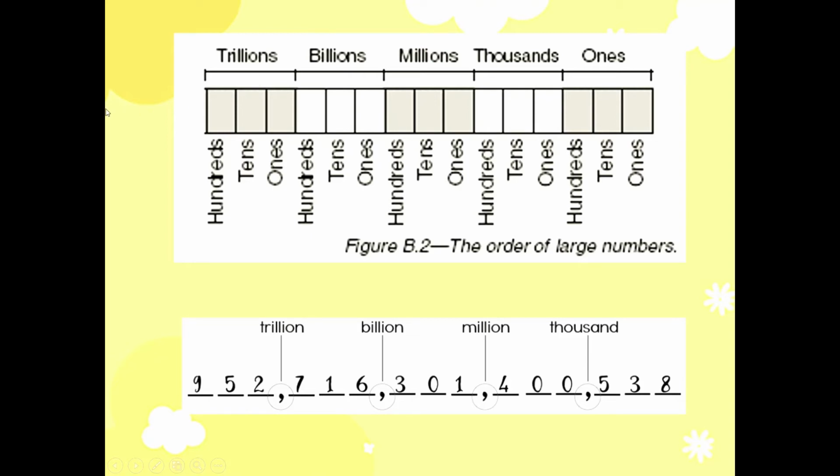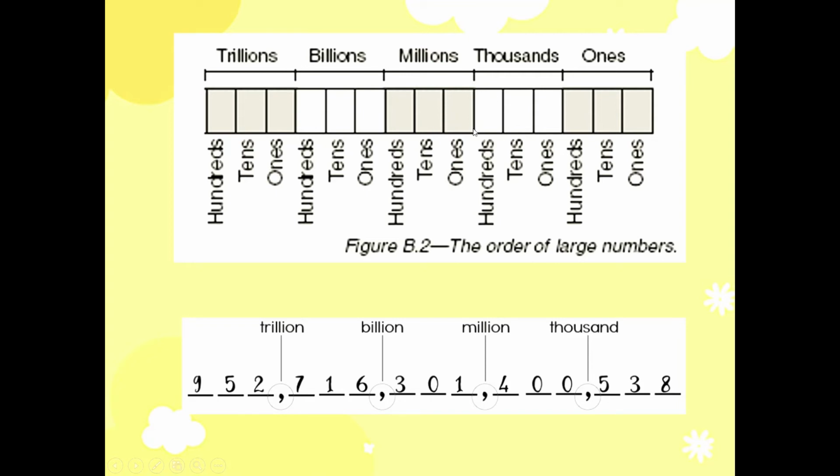Each group contains 3 subgroups. For example, the group ones contains 1, 2, and 3. The subgroups we call ones, tens, and hundreds.